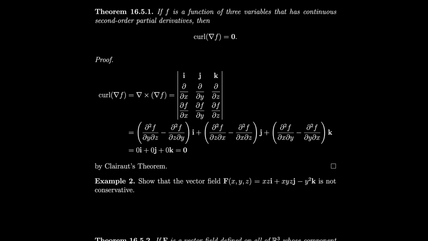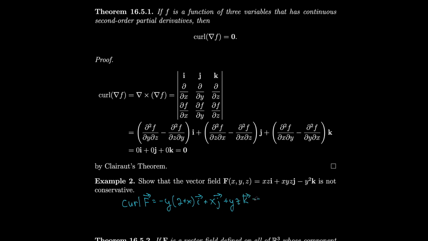So how about we do an example and show that the vector field xz i plus xyz j minus y squared k is not conservative. We just found the curl in example 1. I think we said that the curl of F in this case is equal to minus y times 2 plus x i plus xj plus yzk.